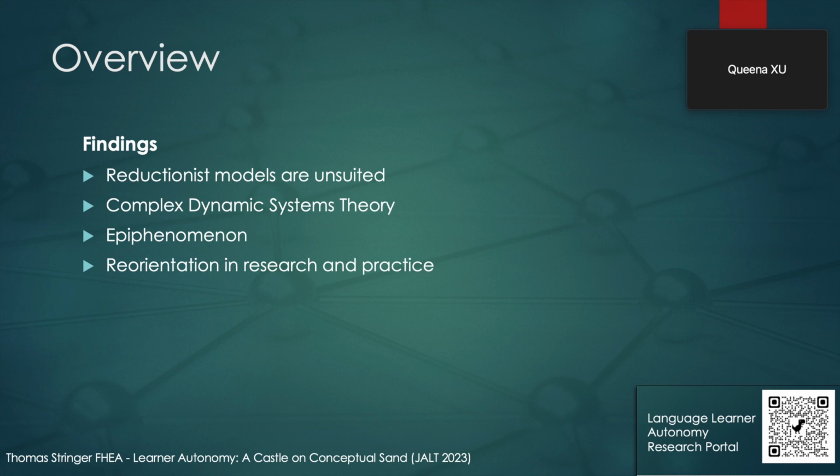The finding of the presentation is that we need to avoid reductionist conceptual or theoretical models for understanding autonomy, and instead look towards complex dynamic systems theory, and an understanding of language learner autonomy as an epiphenomenon. This suggests that we need a broad reorientation in terms of research and practice on the topic.